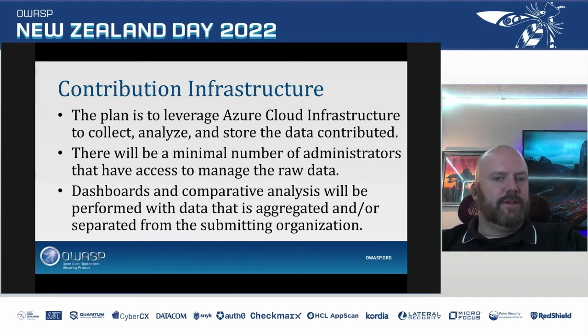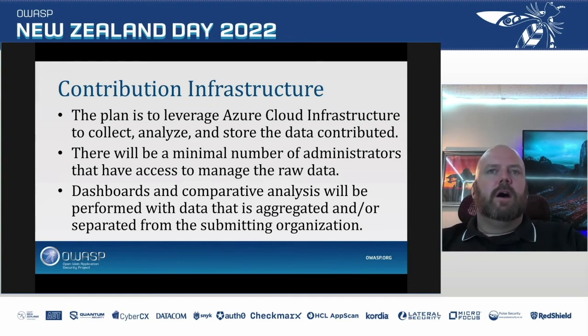A minimal number of administrators have access to the raw data, and the goal is to have dashboards and a comparative analysis so that organizations can submit their data, but they're separated from it. So you know that there's data in there from an organization, and it may be a global organization in the technology industry vertical with a certain number of people in it, and these are their scores.